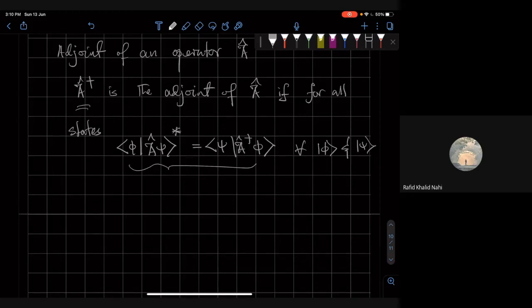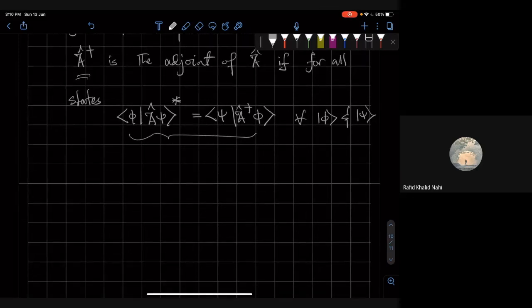With this definition of an adjoint, we can now define what a Hermitian operator is, or what a self-adjoint operator is. As you can imagine from the name self-adjoint, it is an operator whose adjoint is itself.